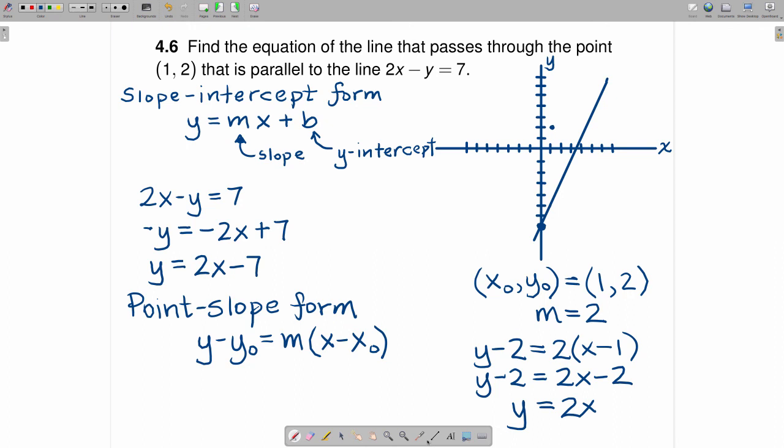So y equals 2x is the equation of the line that passes through the point (1, 2) and is parallel to this other line. And if you wanted to plot that line, it would look something like this. Notice that it passes through the origin, and the reason that it passes through the origin is it has a slope of 2 and an intercept of 0.